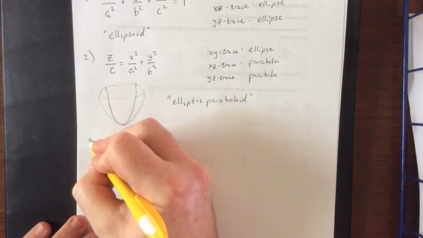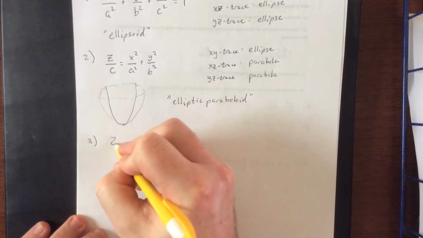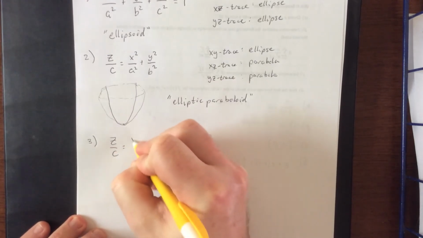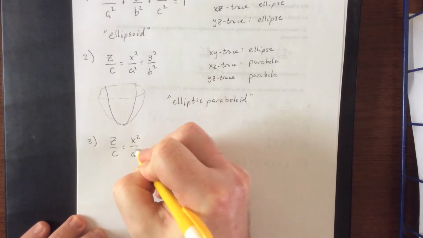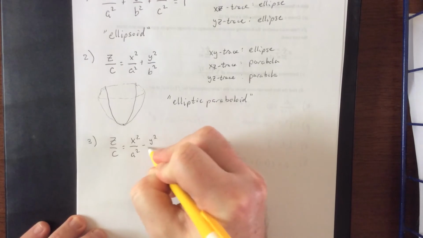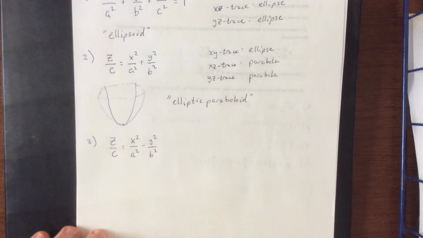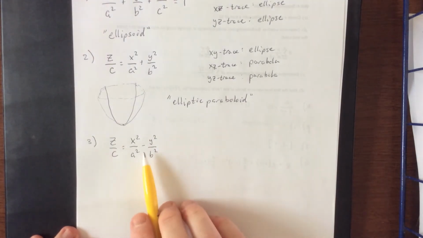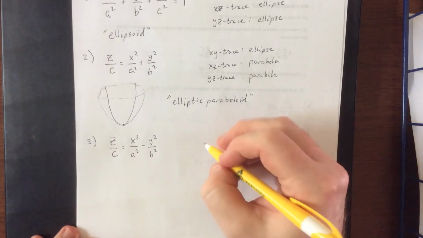The other unambiguous case that we have looks similar to the previous case, but with one major change. Major change is going to be the fact that these squares are now going to be subtracted.